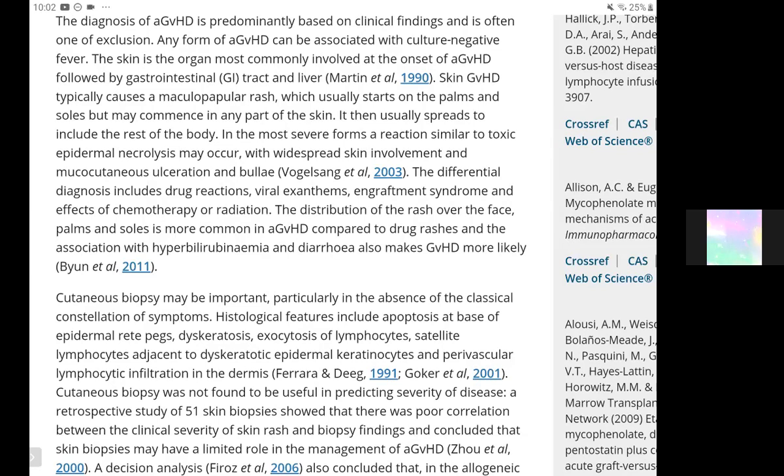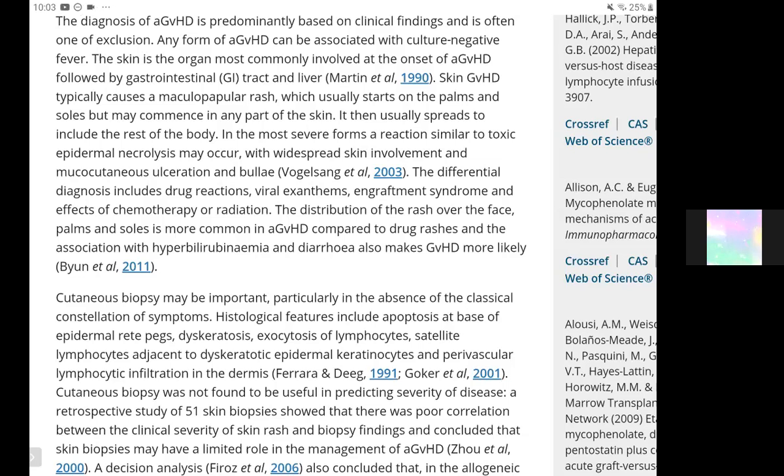So it generally starts with the maculopapular rash, but then it can also become more toxic and severe. First there was just a rash, but then it can become ulcerated and bullous formation can occur, and then the skin may also become necrolyzed, and there would be peeling off of the skin.